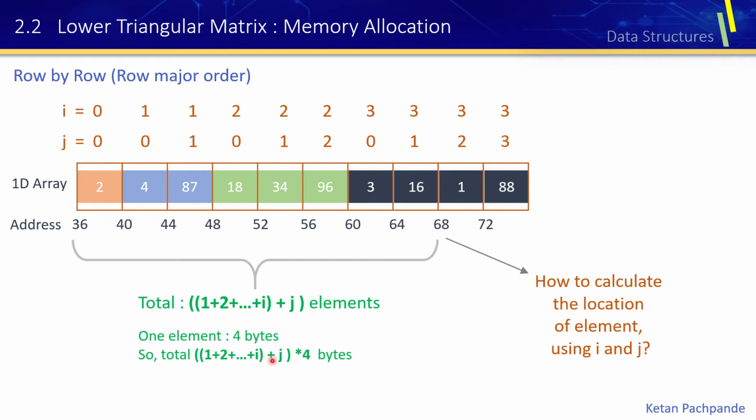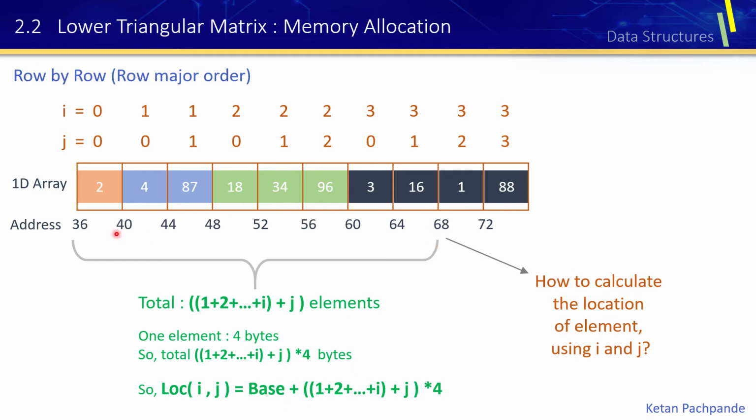That is the total number of elements into the size of one element. So I can say the location of i and j, here comes the generalized formula. Giving any value of i and j in this formula, I can get the address of the element with respect to i and j, right?